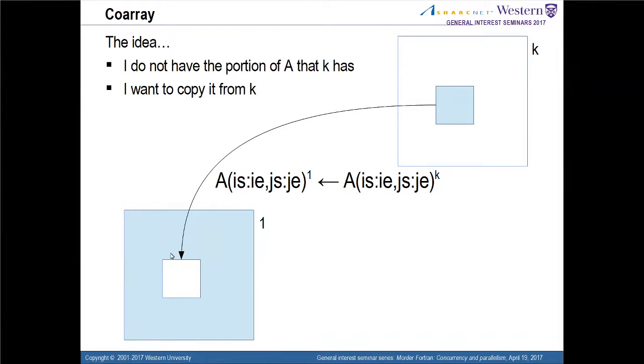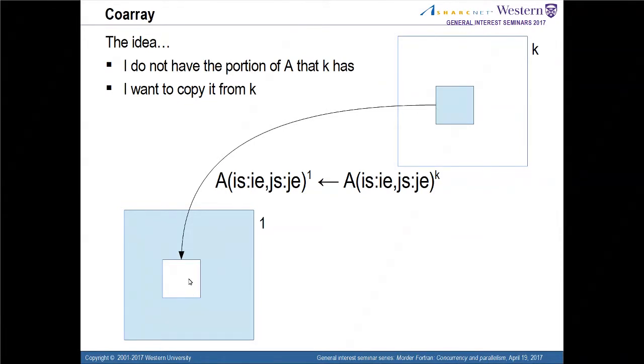After process K has computed this chunk of data, process 1 wants to get it from K. This is the task in the abstract concept: we want to get this chunk of data from K and put it in here.